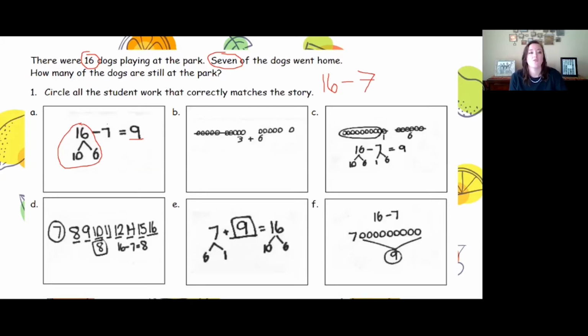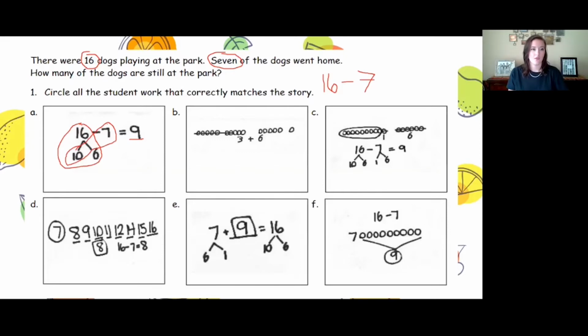And then what they did, it's a little wonky, was find the difference between 7 and 10. So how many did it take to get from 7 to 10? You can use your fingers if you need to. So if I have 7 and I'm counting up to 10, 8, 9, 10. How many was that? It was 3.